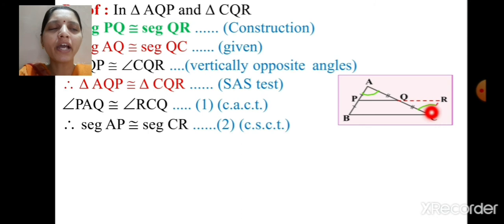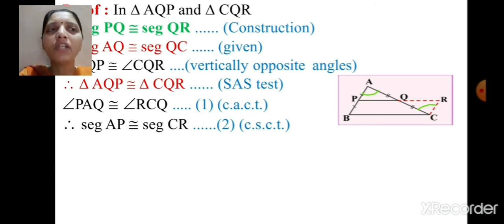So these two angles are congruent, and if you observe this figure carefully, you can see here seg AB is parallel to seg CR. That means these two are parallel lines, and if you consider AC as the transversal, then these two angles will be pair of alternate interior angles.